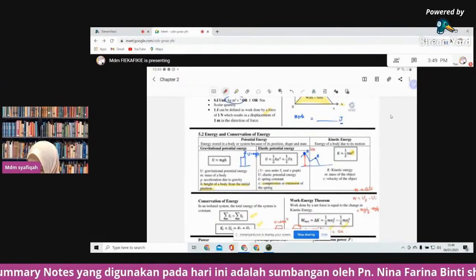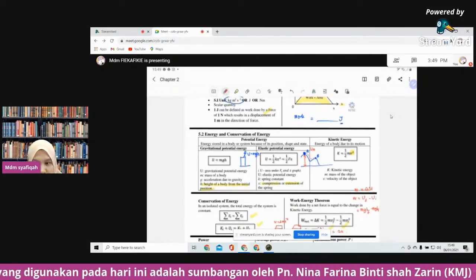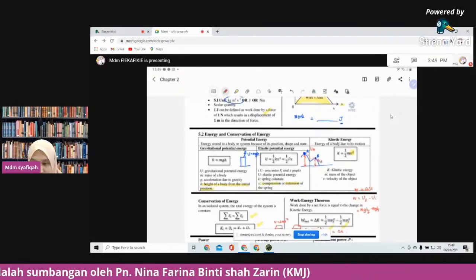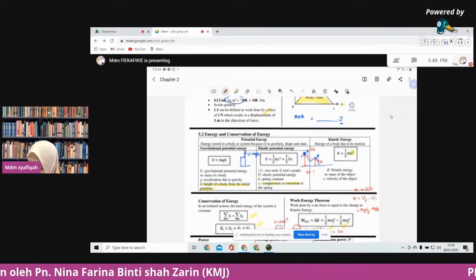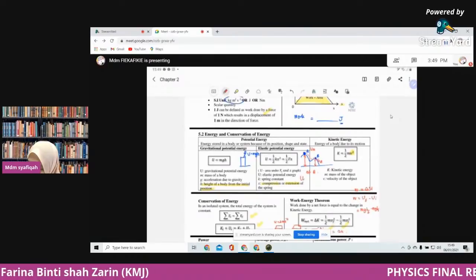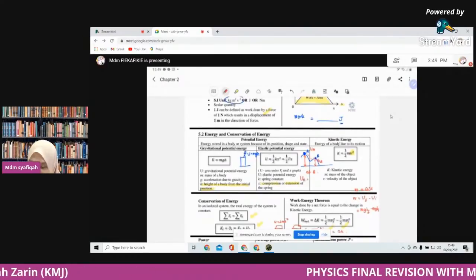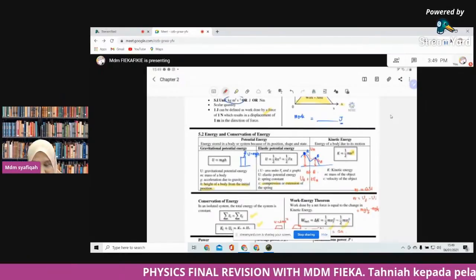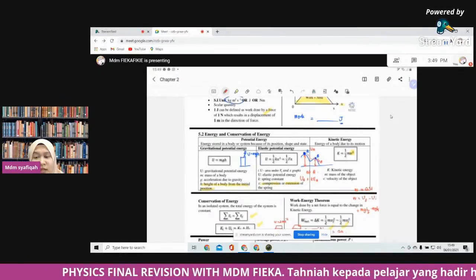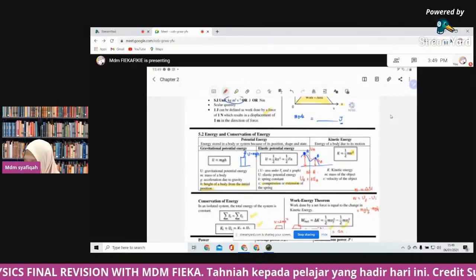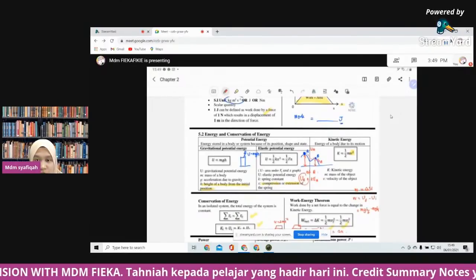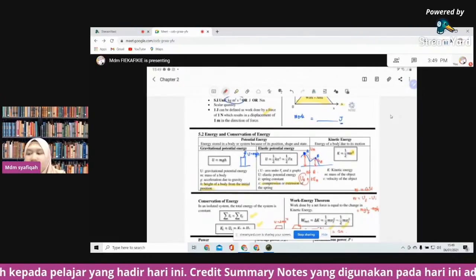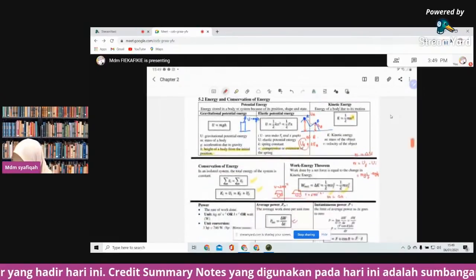Lepas tu dia pun bergerak, it's moving and reach point B, and at point B we still have the height of B, and at point B we have UB plus the kinetic energy. Kinetic energy dekat B. Okay? Tak adalah elastic potential energy. Jangan tiba-tiba awak tulis UB and then awak masukkan half kx squared. Okay? Tengok betul-betul. Okay? Keadaan itu. Alright.